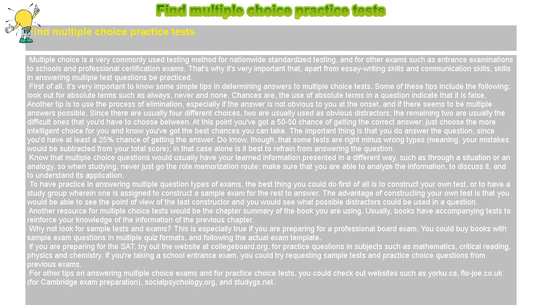Another tip is to use the process of elimination, especially if the answer is not obvious to you at the onset, and if there seem to be multiple answers possible. Since there are usually 4 different choices, 2 are usually used as obvious distractors.